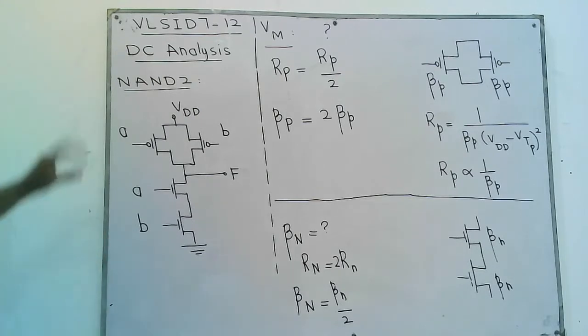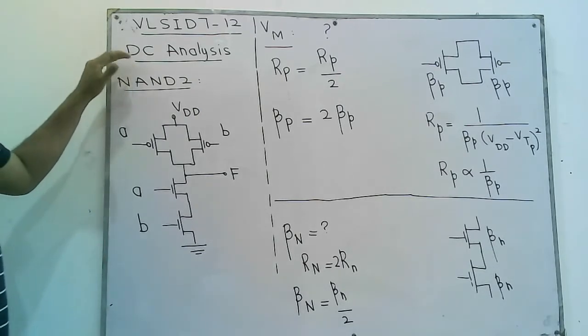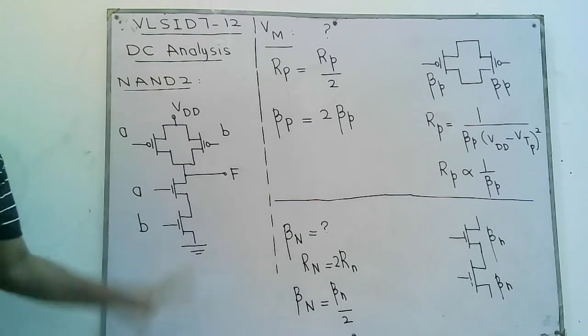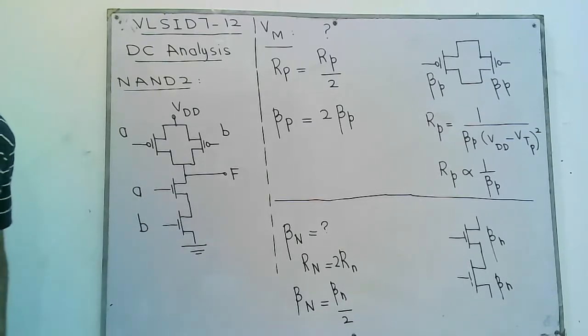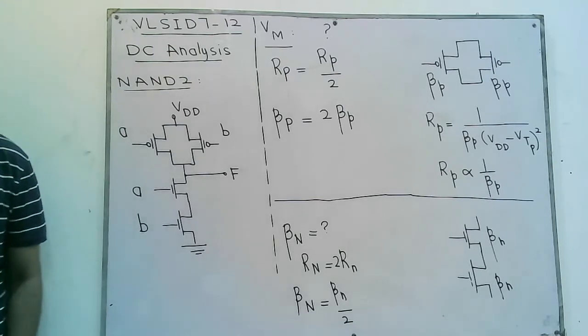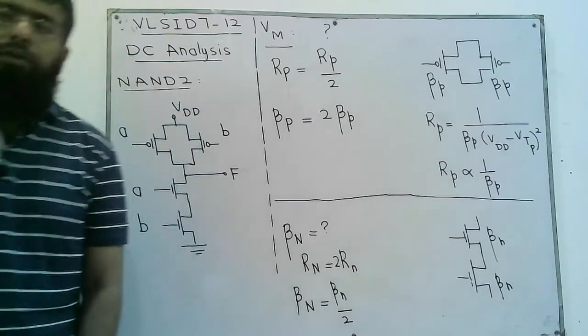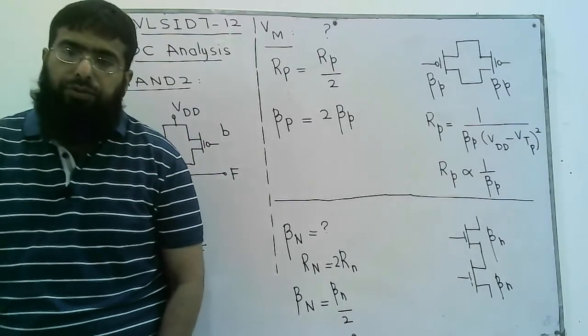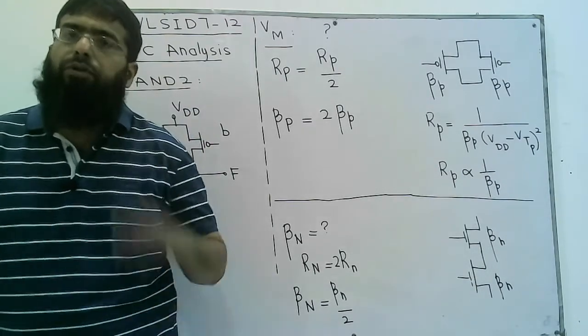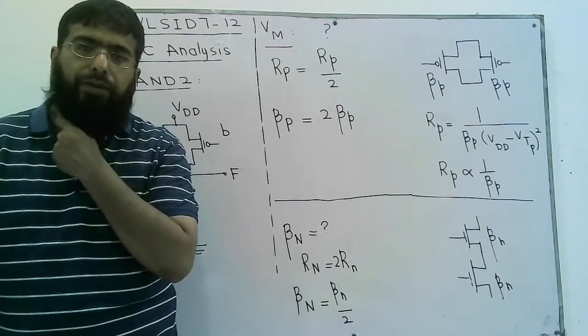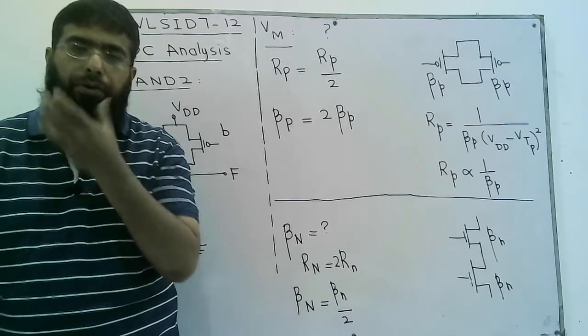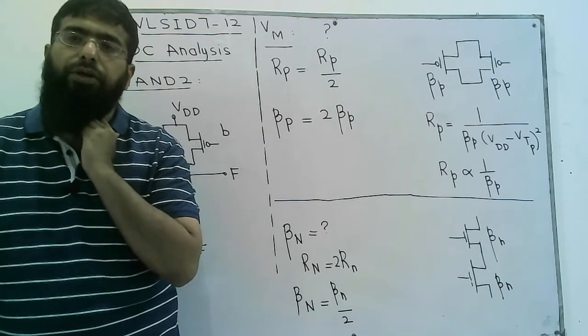In one of our previous lectures we also studied that DC analysis means that we apply all the voltages from logic 0 to logic 1, and we observe the output Vout, and we finally draw a plot between the input and output and call it VTC.